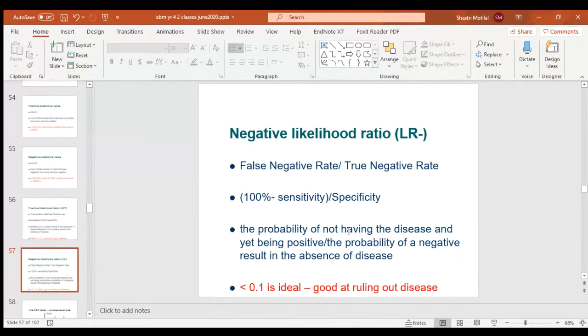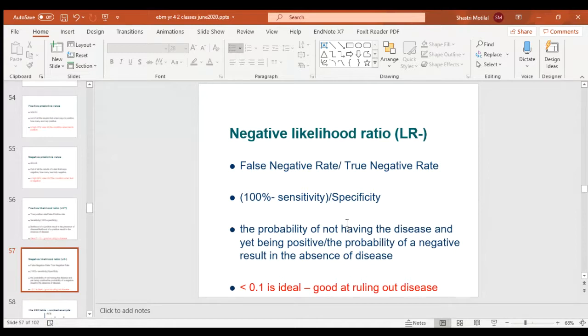That would mean if you did a test on a patient and it has a negative likelihood ratio of 0.01 and the result came back negative, you are 100 times sure that that test represents a true negative result versus a false negative result. That's exactly what it means. So that's a good thing, because if you're more sure it's a true negative result, then that test is really good at ruling out the condition.